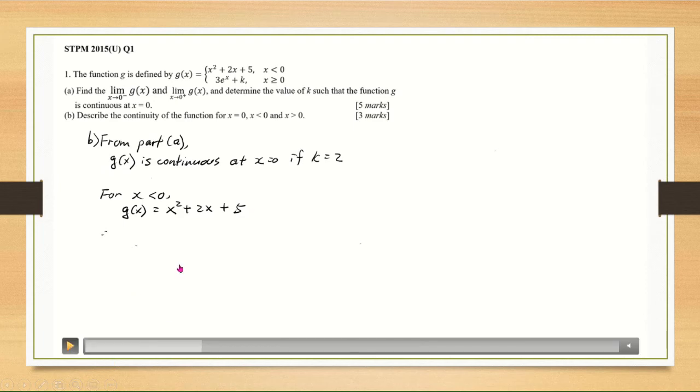Since this is a quadratic function, and we know that all quadratic functions are continuous at all values of x, from here we can make the conclusion that when x less than 0, this quadratic function g(x) is continuous.